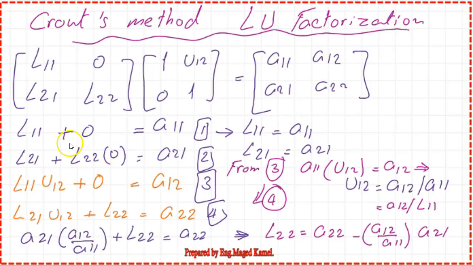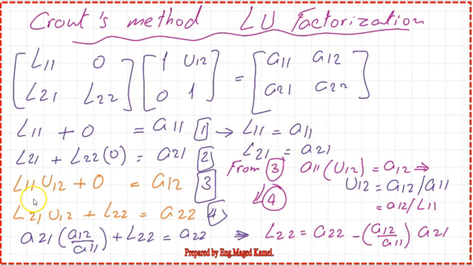From the first equation, we can find out that L11 will be equal to A11. And from the second equation, since this term is equal to 0, L21 equals A21. So L11 directly equals A11, and L21 equals A21. But L11 U12 plus 0 equals A12, we are going to utilize this expression.